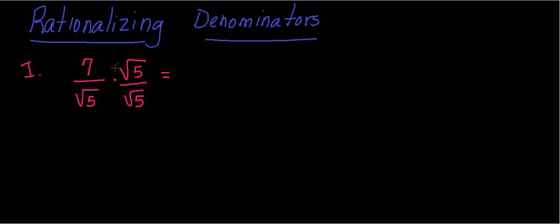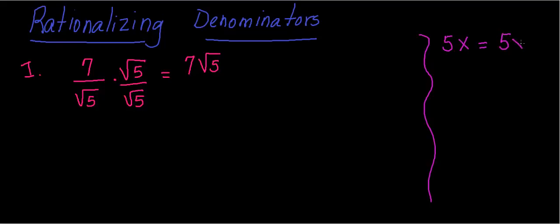So 7 times 1 is 7, and then square root of 5. Okay, if we come over here to the side, it's like multiplying 5 times x. You multiply 5 times the coefficient of x, which is 1. 5 times 1, that gives you 5x.